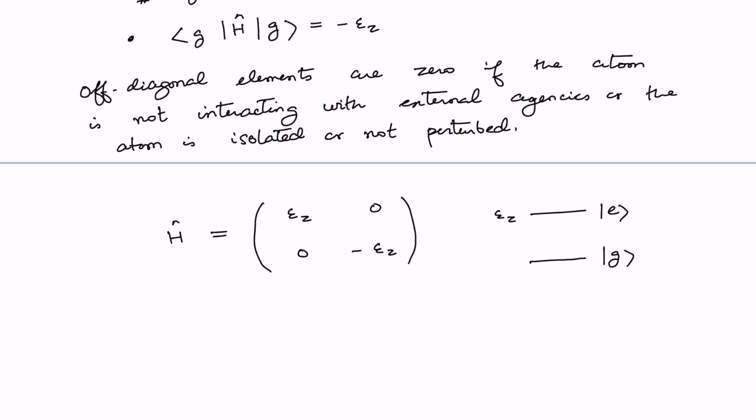So this represents epsilon Z and minus epsilon Z, the energy of the excited and the ground state. We'll have more clarity when we discuss interaction of atoms with external fields later on.